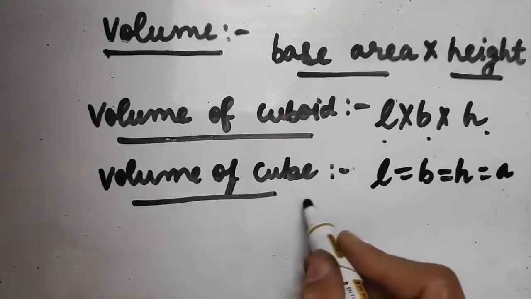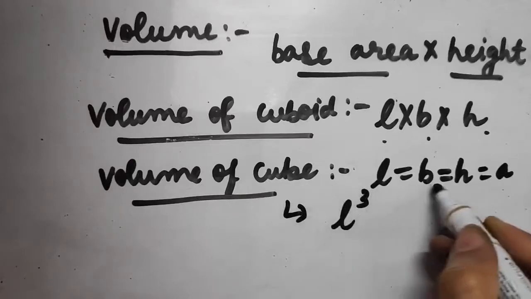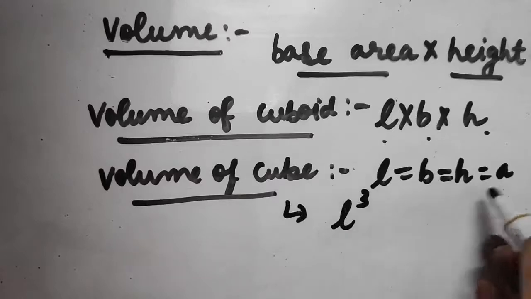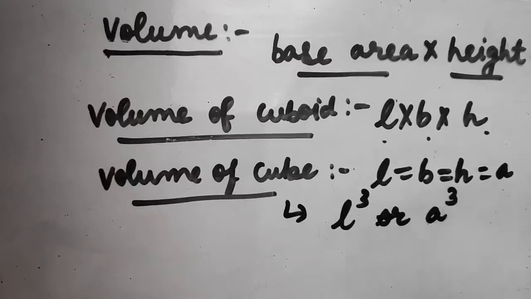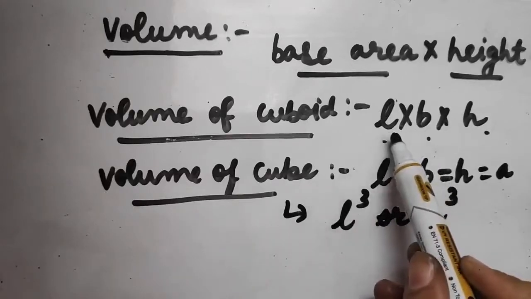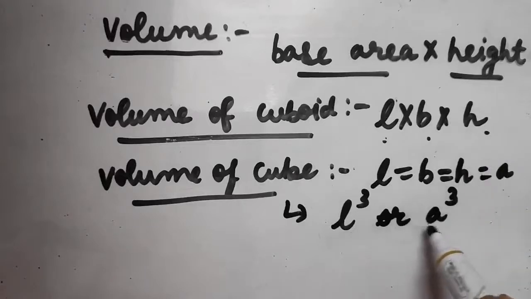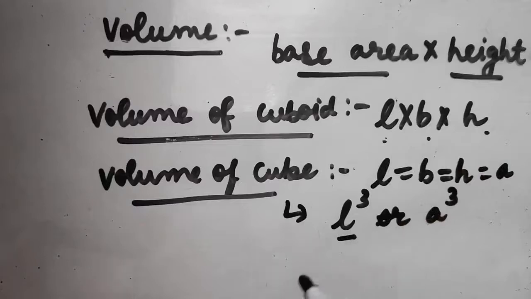So the volume of cube will be given by L cube, or if you are taking A units, it will be equal to A cube. Basically this A represents the edge of cube, or this L represents the edge of cube.